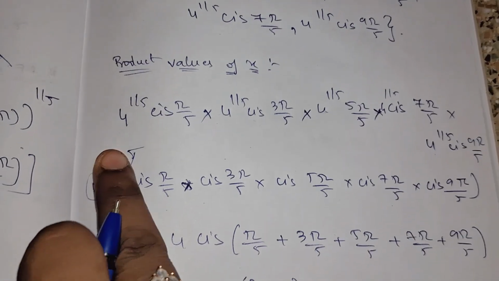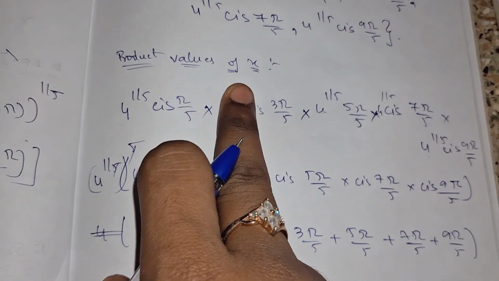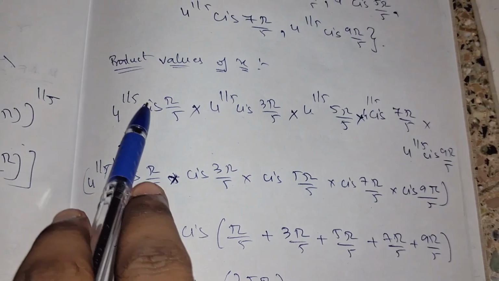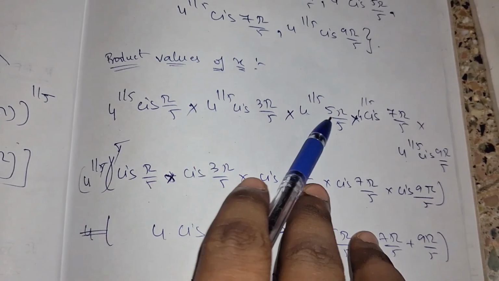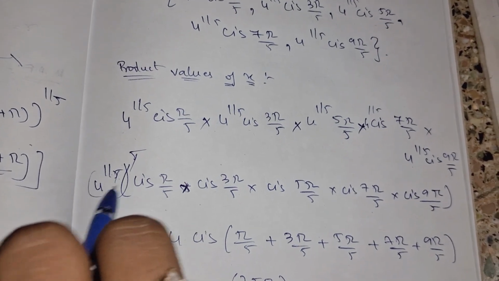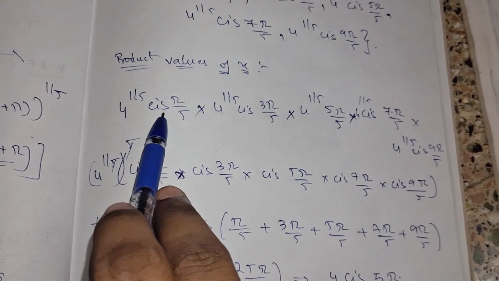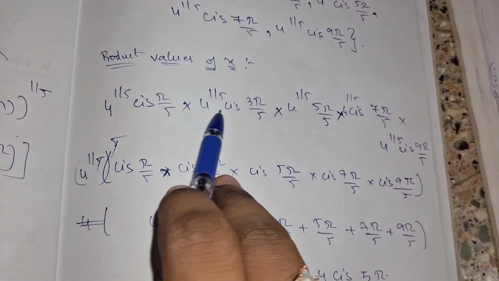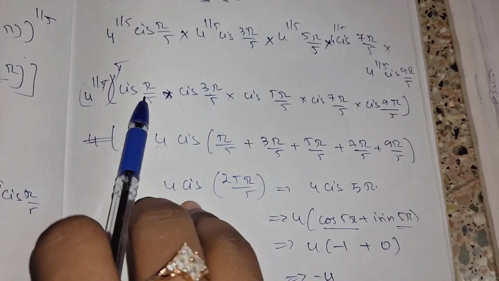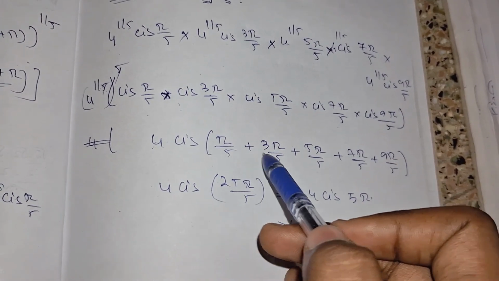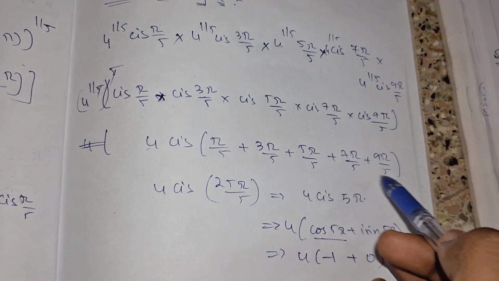So I have multiplied all these things to get the product of the values of x. Multiplying, 4 to the power 1 by 5 can be taken common, and it is 5 times, so I'll get 4 to the power 1 by 5 whole to the power 5, which will be equal to 4 only. Then I'm having cis pi by 5, all these terms, in which I'm taking cis again common, after which I'll be left with pi by 5 plus 3 pi by 5 plus 5 pi by 5 plus 7 pi by 5 and 9 pi by 5.